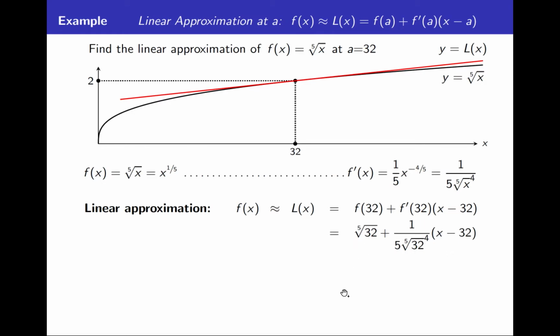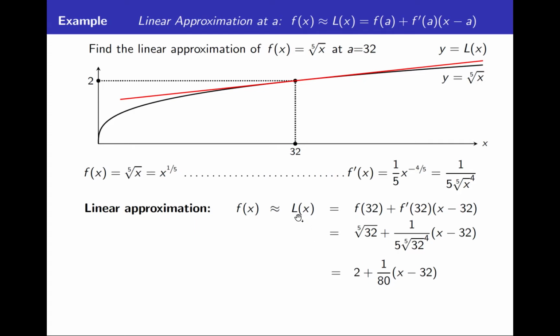Continuing, the fifth root of 32, as we said before, is 2. Then we have this fraction 1 over 5 times the fifth root of 32 to the fourth. That's 1 over 5 times 2 to the fourth. 1 over 5 times 16 is 1 over 80, times x minus 32. And there we have it.